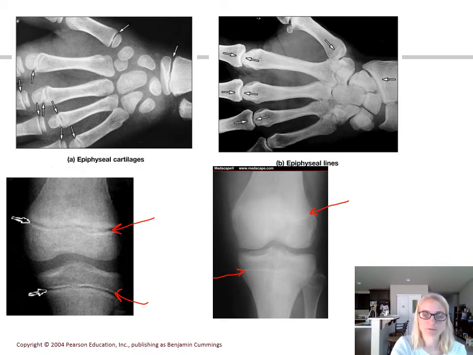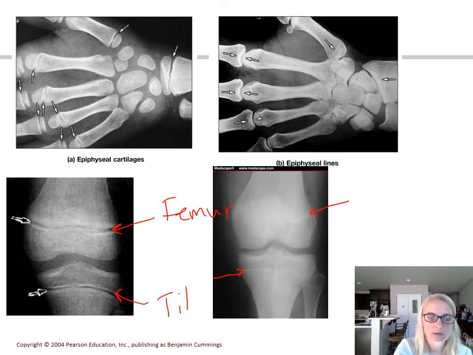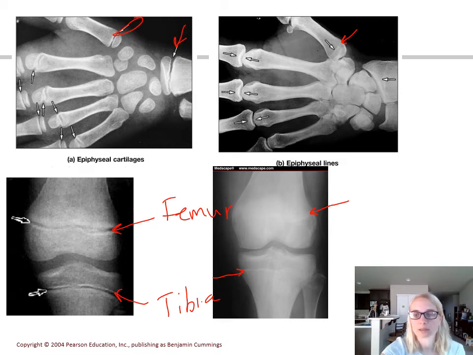So this is your femurs on the top. The femur is up here and the tibia is down here. And then we can also see the same thing in the upper picture. So for the thumb, we can see a good epiphyseal plate and then a corresponding epiphyseal line. Here's your radius, okay, epiphyseal plate, epiphyseal line.